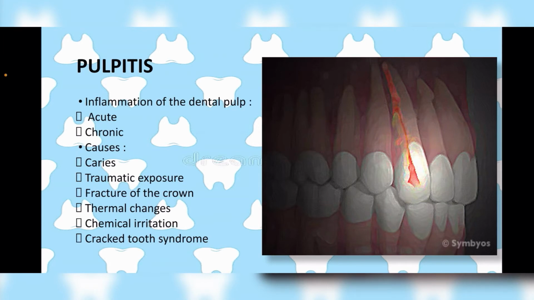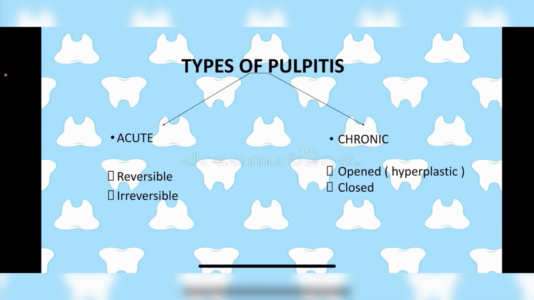So, for example, if it's acute, it can be caused by caries. If it's chronic, it can be caused by previous acute pulpitis, or also by caries. The difference is that chronic pulpitis is going to be caused by chronic caries, and acute is going to be caused by acute caries.